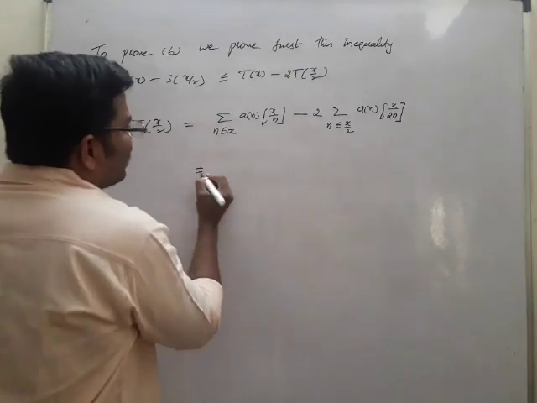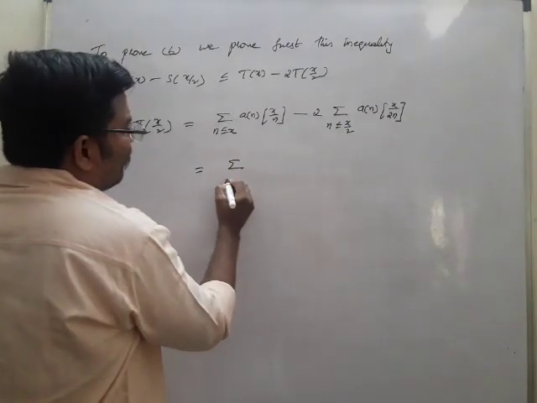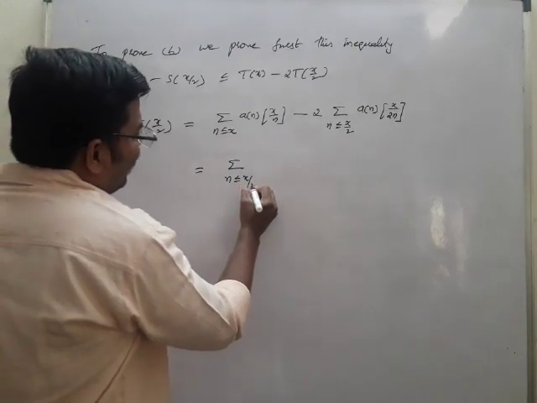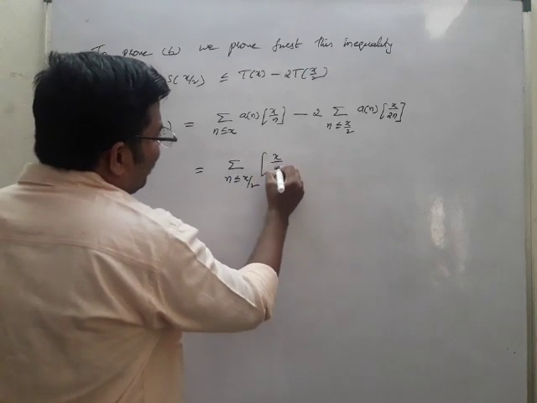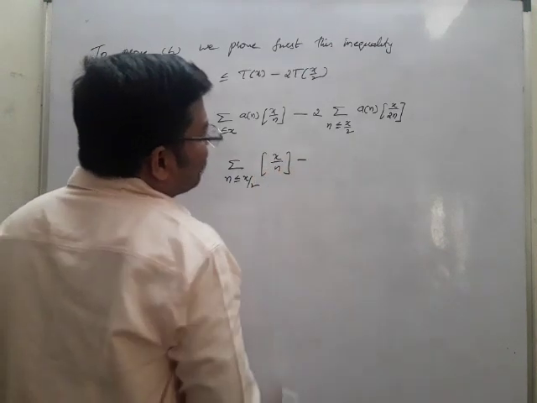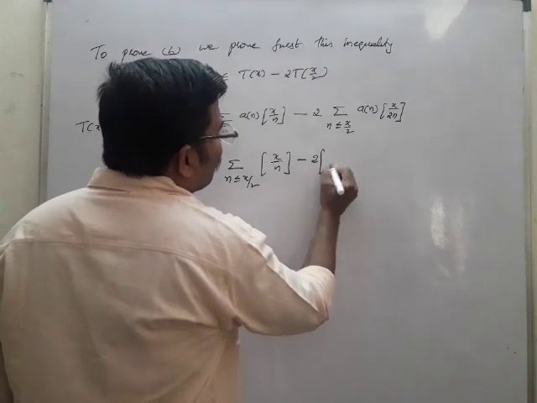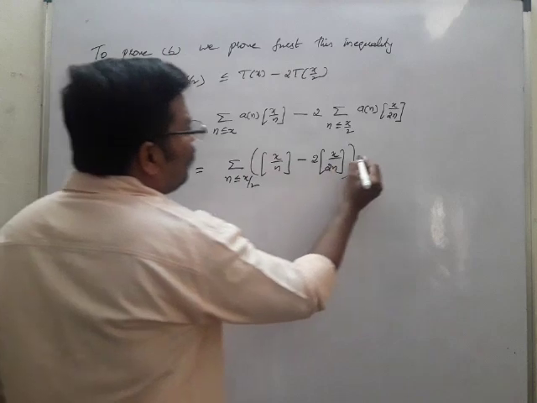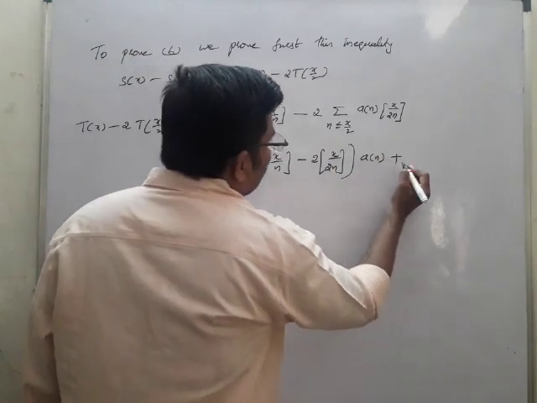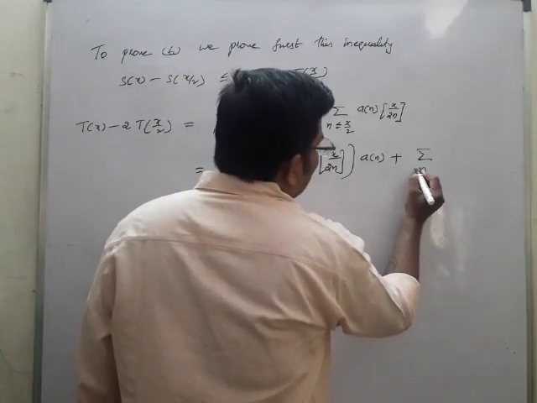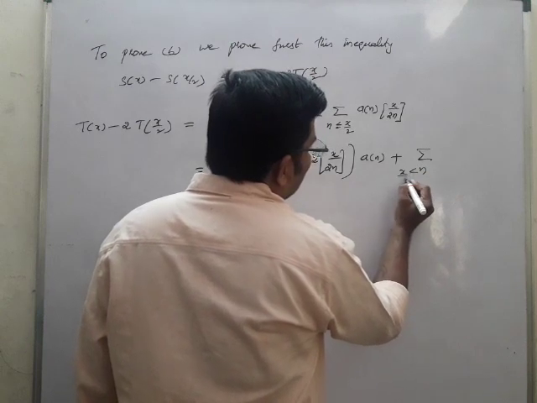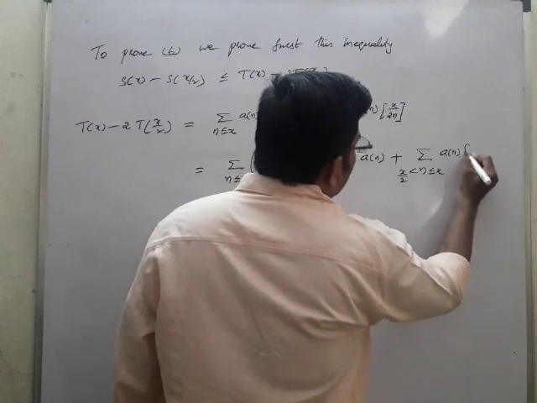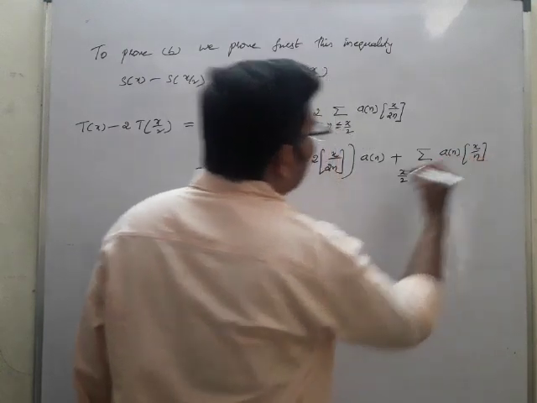So therefore I can write this as the summation over n less than or equal to x by 2 of (x by n minus 2 into x by 2n) into a of n, plus the summation over n greater than x by 2 and less than or equal to x of a of n into x by n.